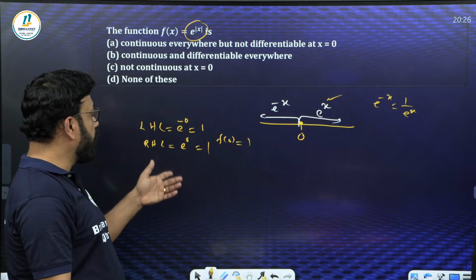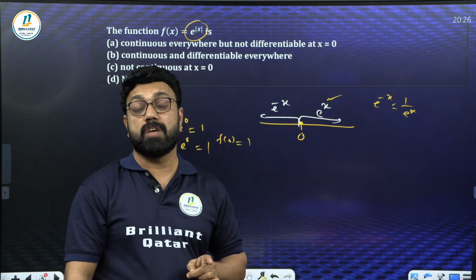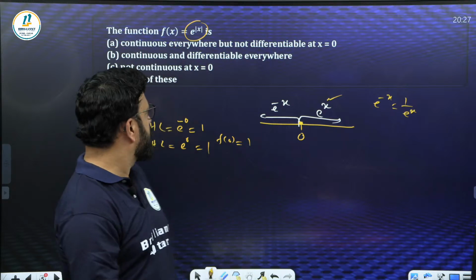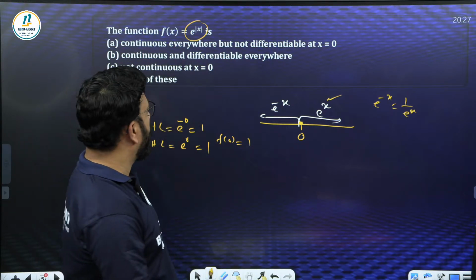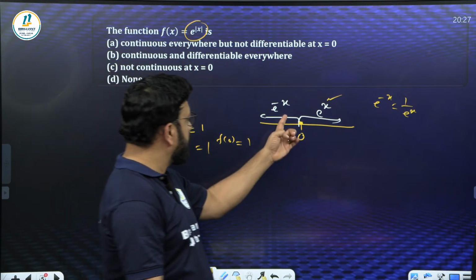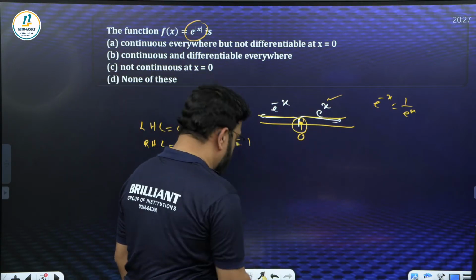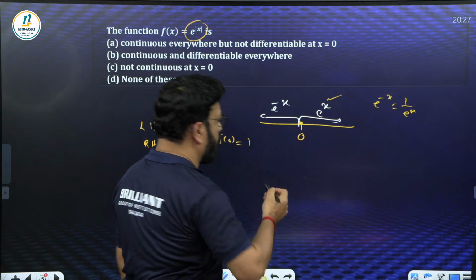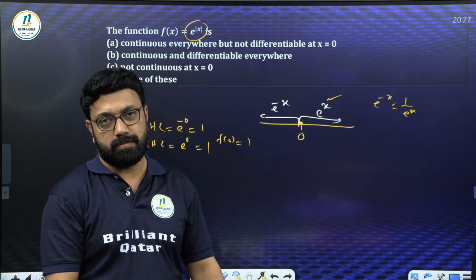LHL equal to RHL equal to f of 0, so by the definition of continuity it is continuous. Everywhere: the left part is continuous, the right part is continuous, and we checked the particular point 0, it is continuous too. So it is continuous everywhere.